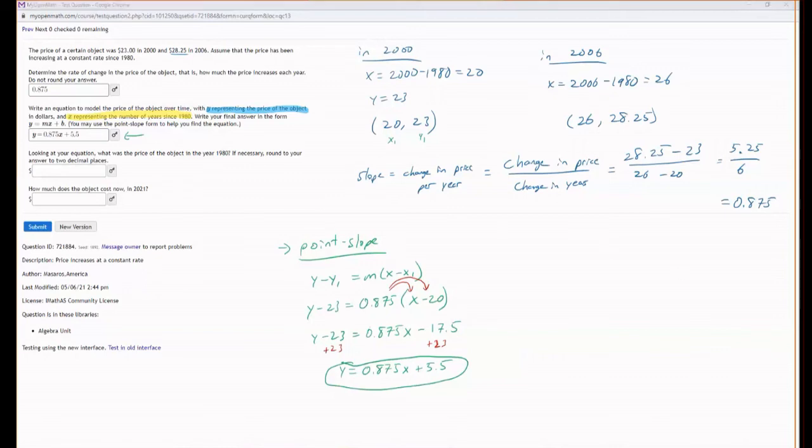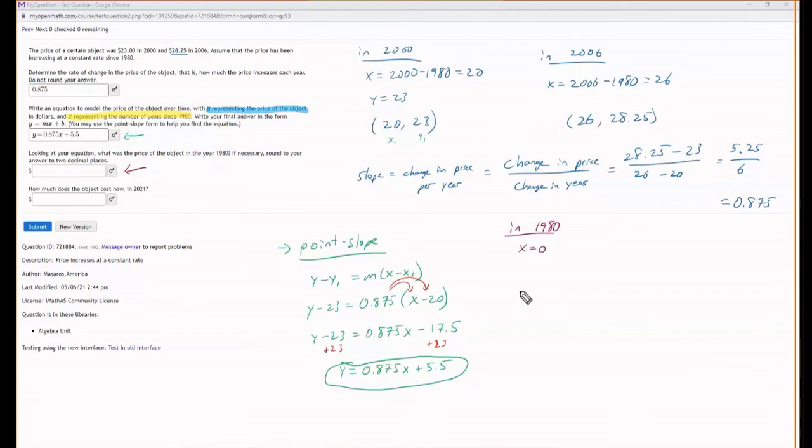All right, now let's do this next part. Looking at your equation, what was the price of the object in the year 1980? So in 1980, remember x is the years since 1980, so that means I have an x value of 0.